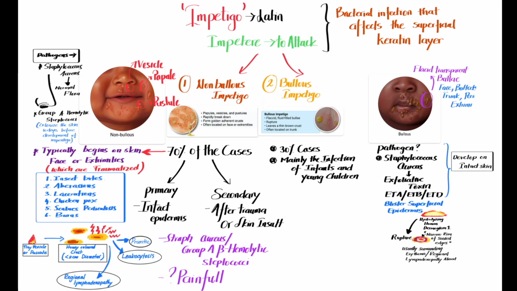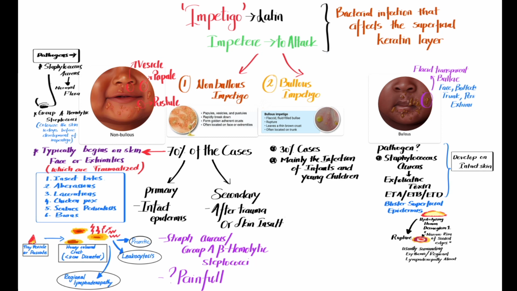The second to Staphylococcus aureus is group A hemolytic streptococcus. This group A hemolytic streptococcus normally colonizes the skin, then causes the non-bullous impetigo. Prior to this infection, approximately 10 days of colonization can cause this infection, either in the primary or secondary way.